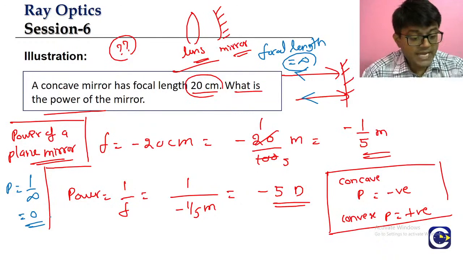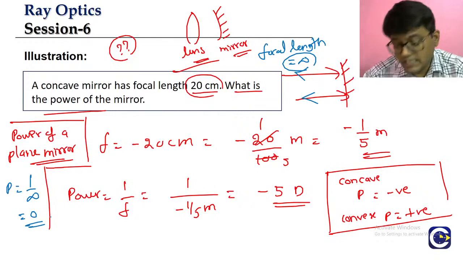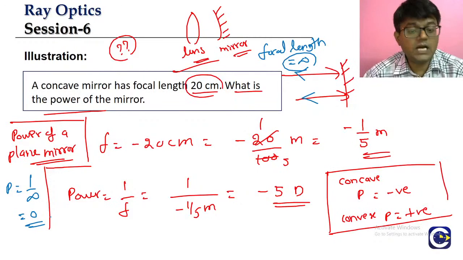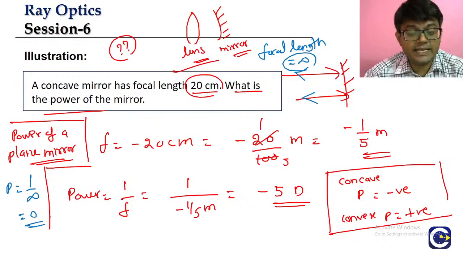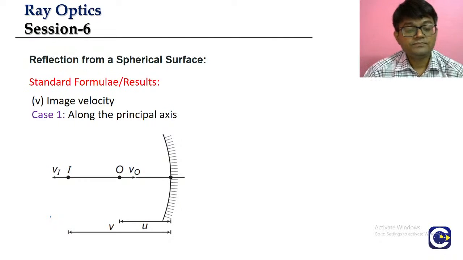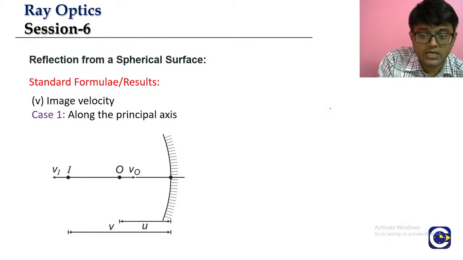Now we will get into another important aspect with regard to the problems on these mirrors. Remember, in the case of the plane mirror, what is it that we have talked about? We talked about the image velocity. What is the relation between the image velocity and the object velocity? So I am just trying to recall.